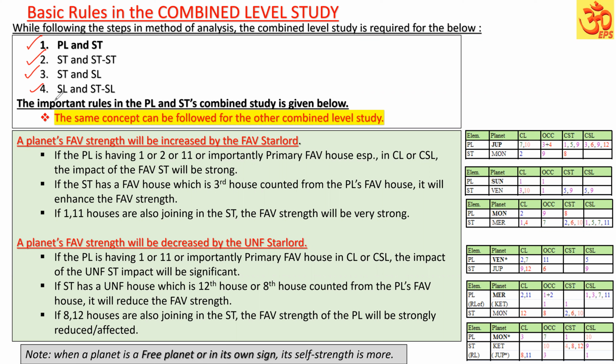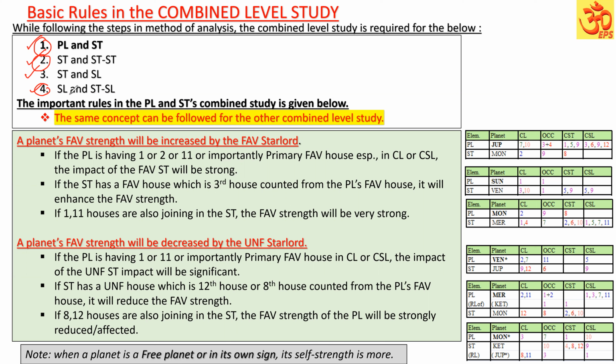Out of these 4 combined levels, the planet and star lord is talking about the planet and its nakshatra lord. Combinedly, what sort of impact they are going to give. Star lord and its star lord of the star lord. The same way, star lord is also a planet and its star lord of the star lord. What it is going to give to the star lord. And sublord and star lord of the sublord.